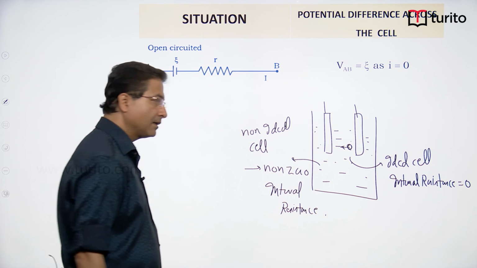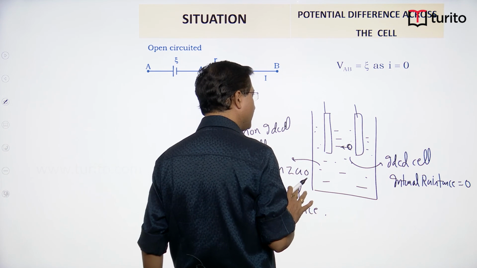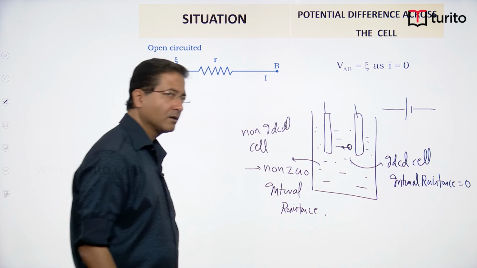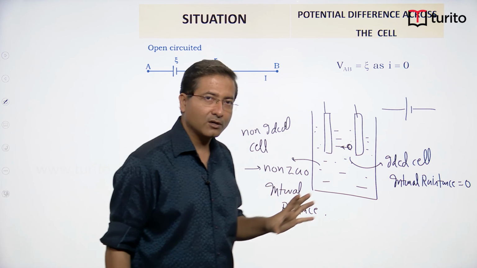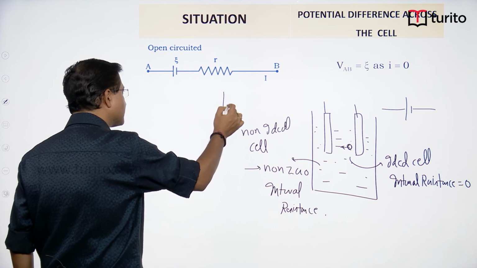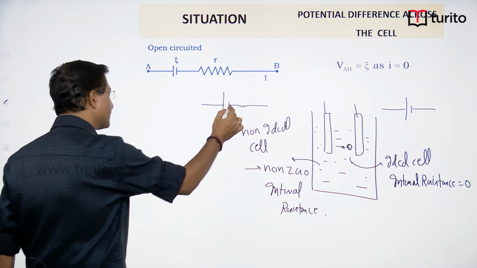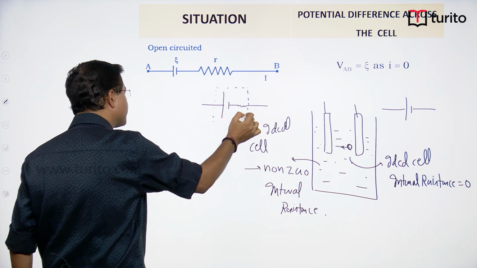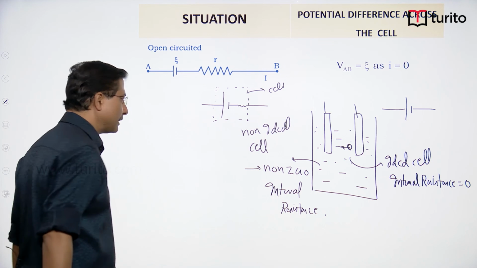So when I draw a cell in the circuit, this is the symbolic representation, two bars, one bigger and another smaller, and this is the symbolic representation of an ideal cell. If the cell is non-ideal, then this is the symbolic representation. We connect one resistor in series this way, and this is the representation of a non-ideal cell.